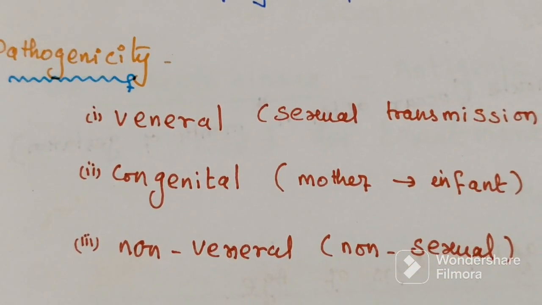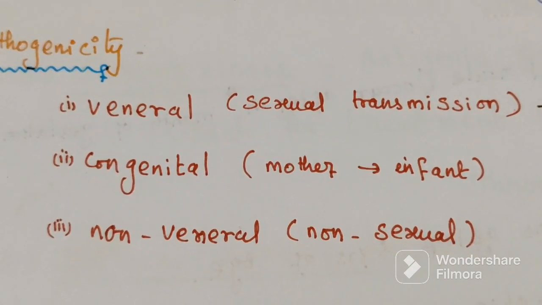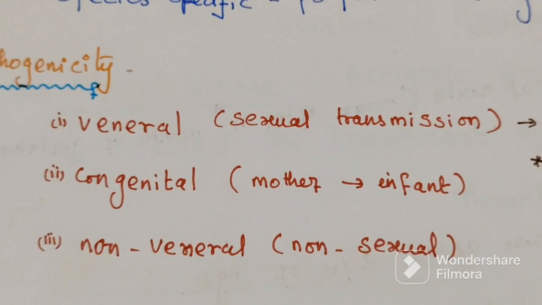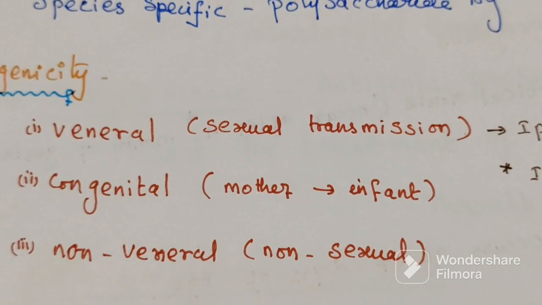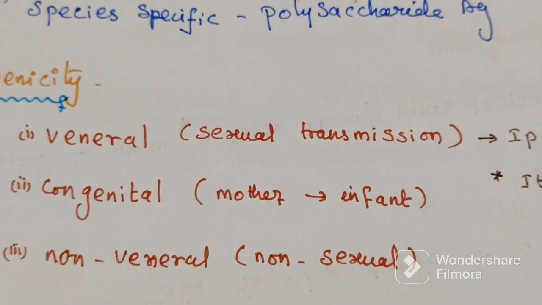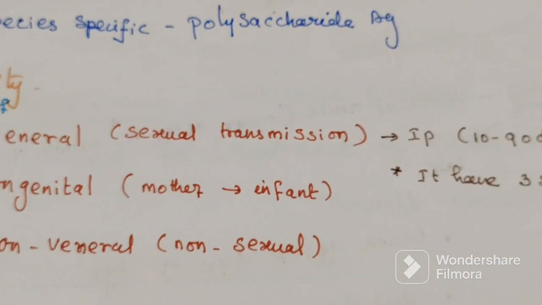Next, pathogenicity. Natural infection with Treponema pallidum occurs only in humans. The infection, syphilis, can be venereal, by sexual route. Second is congenital, from infected mother to infant. Third is non-venereal, non-sexual.